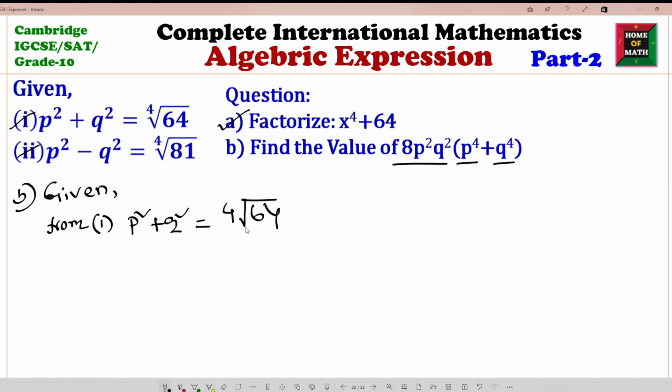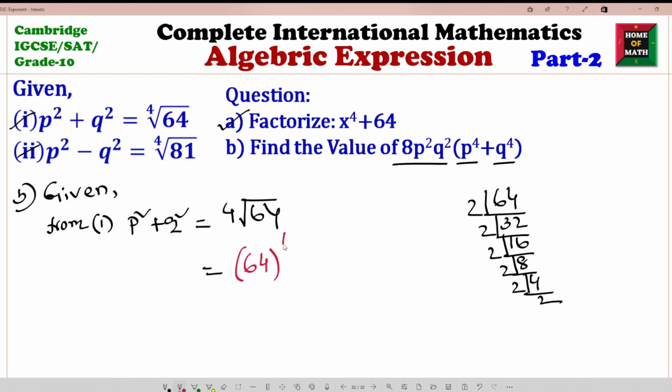This 4th root of 64 we can write like this. First 64, once we prime factorize: 2 times 32, 16, 8, 4, 2. So we can write 64 to the power 1 by 4 once we take the 4th root.